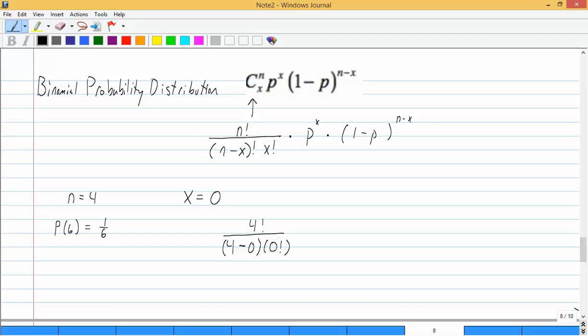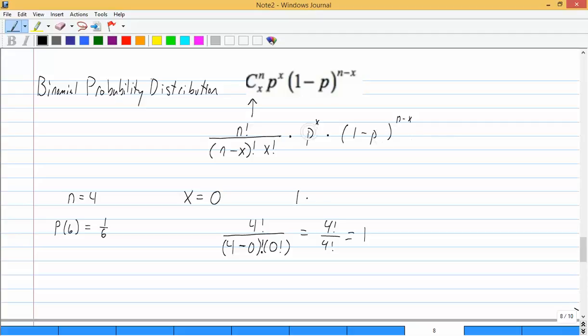Remember, 0 factorial is defined as 1, so that doesn't divide by 0. So you end up with 4 factorial divided by 4 factorial, which is just going to be 1. So the first part of our binomial probability distribution formula is just 1 for x equals 0.